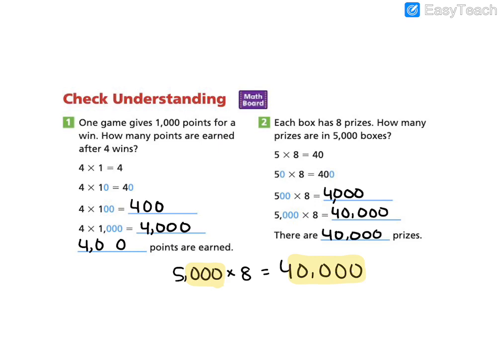So why is that? Well, my basic fact of 5 times 8 is equal to 40. So this 0 in 40, 5 times 8, is not a part of these factors. Right? So we have those 3 zeros in that 5,000.